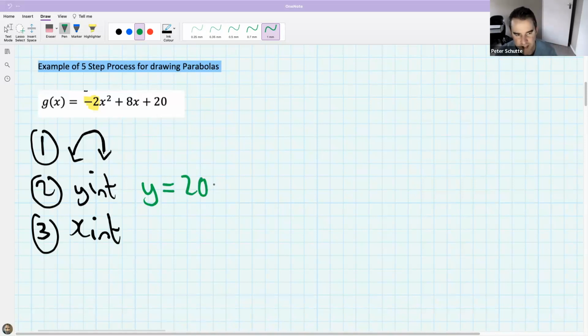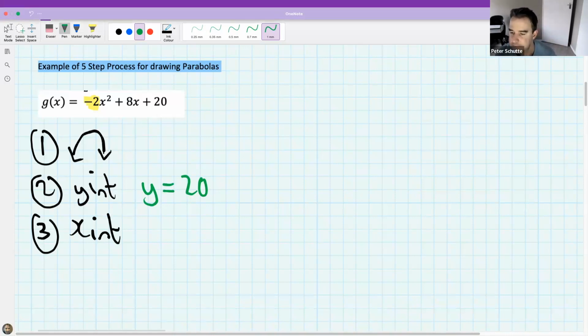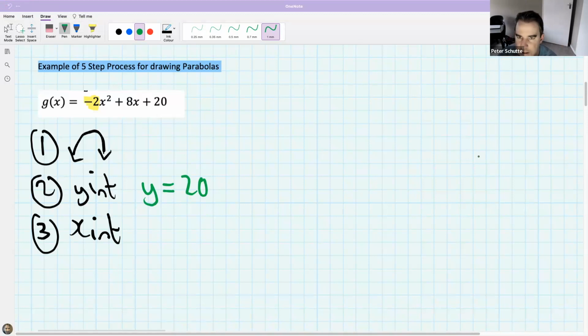Give me a thumbs up if you understand why the y-intercept is 20 for this parabola. Okay. Now, if you want to find the x-intercept, we need to make y naught. And so we have to solve this equation.